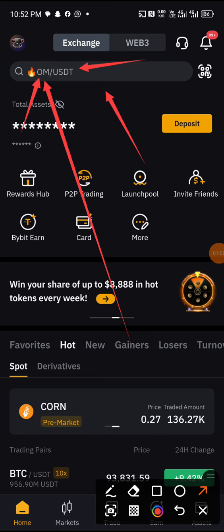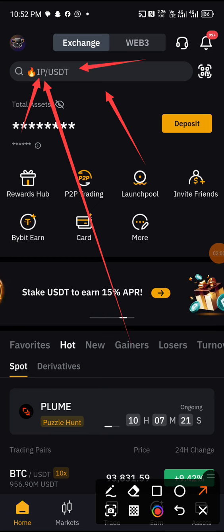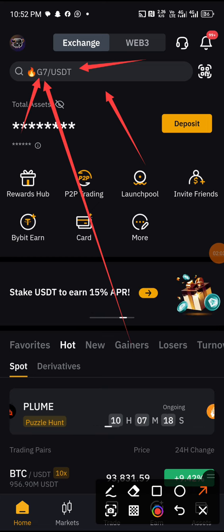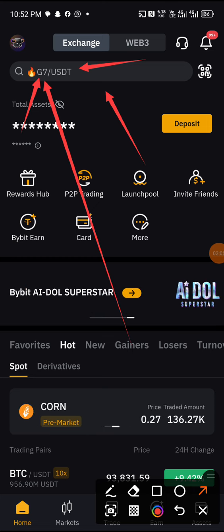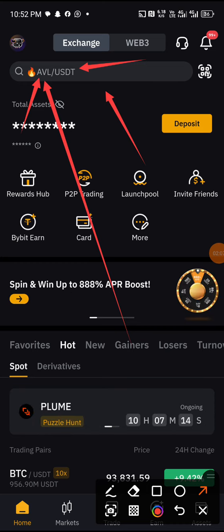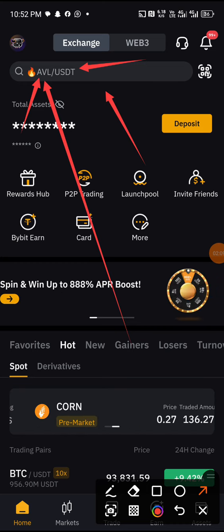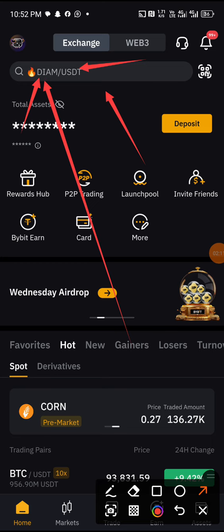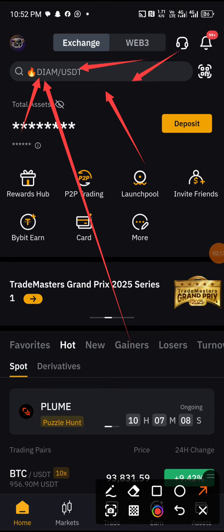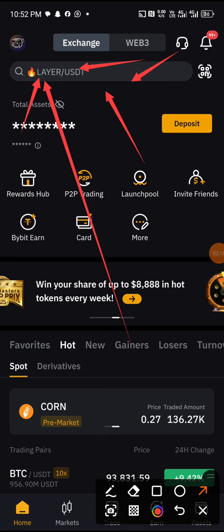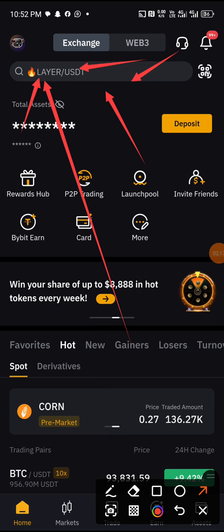Take down the names of those coins Bybit is advertising. It's advertising IP, G7, OM, AVL. Each time you see Bybit advertising a coin here, it's a sign that the coin is doing well in the market.